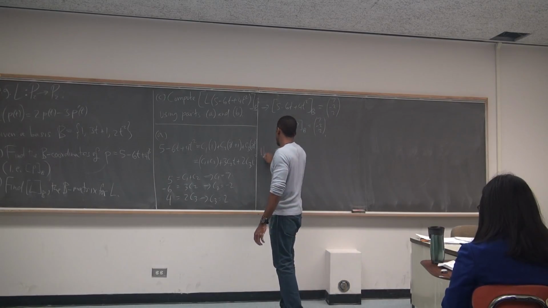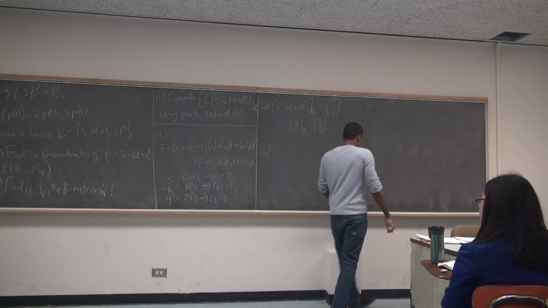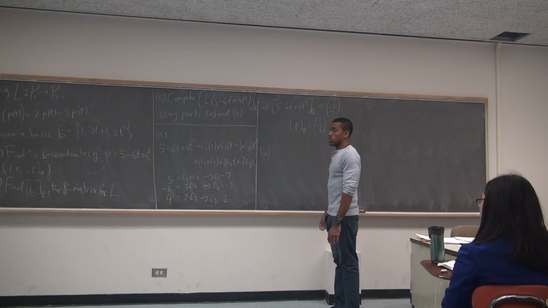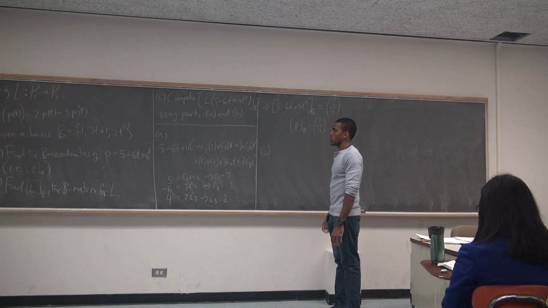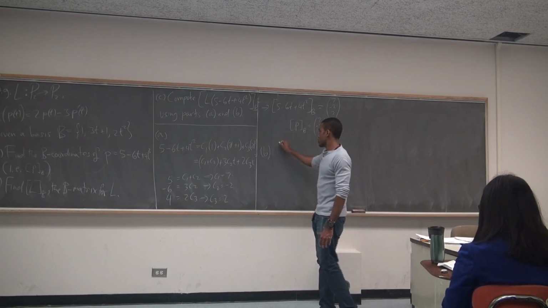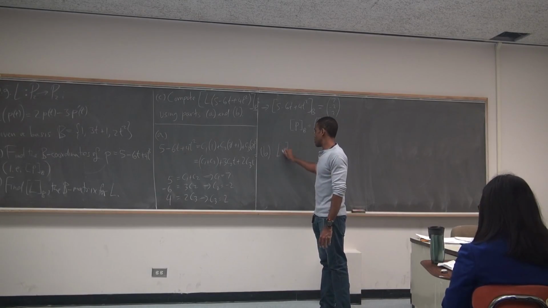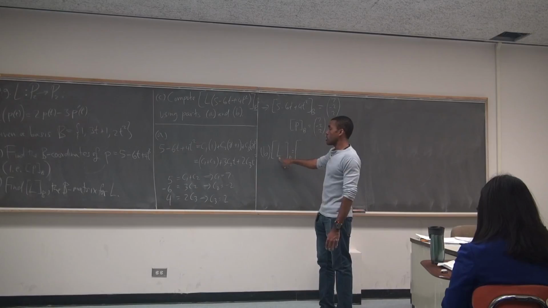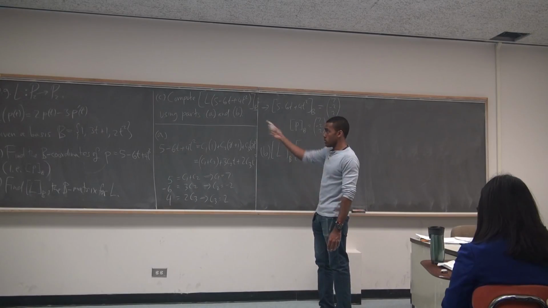That wasn't so bad. How about part B? So let's start with the main formula. With respect to B, all I have to do is figure out what L does to the basis vectors, which is what you were just saying.